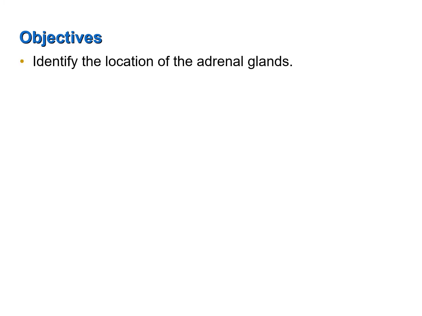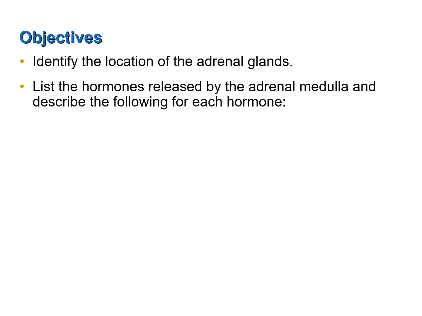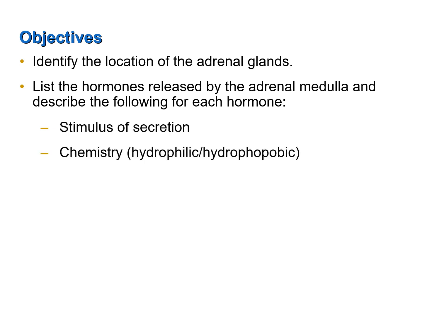Now let's review the objectives of this screencast. Identify the location of the adrenal glands. List the hormones released by the adrenal medulla and describe the following for each hormone: stimulus of secretion, chemistry, whether it's hydrophilic or hydrophobic, target tissues and effects, and regulation.